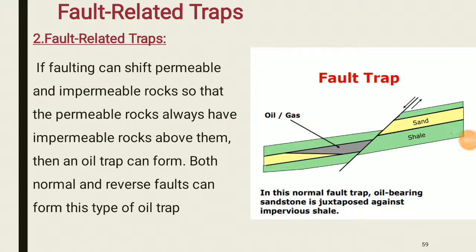And here we can see it's a fault trap. So you find a reservoir in this place, or in this place there is oil and gas, so it cannot move further since here there is a fault which bans the further movement of hydrocarbons. So it will be called a reservoir, but in a structural trap, which is called a fault trap.